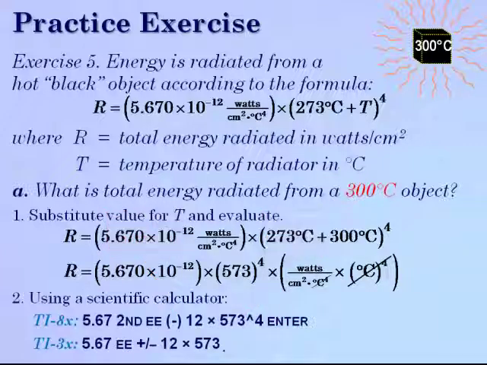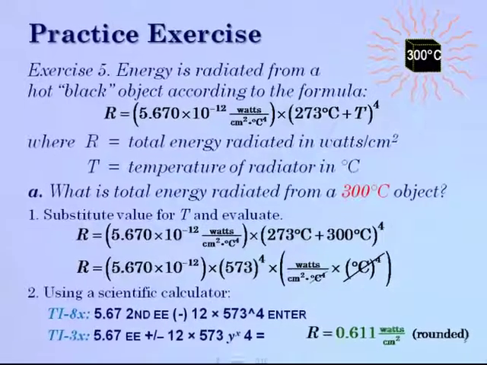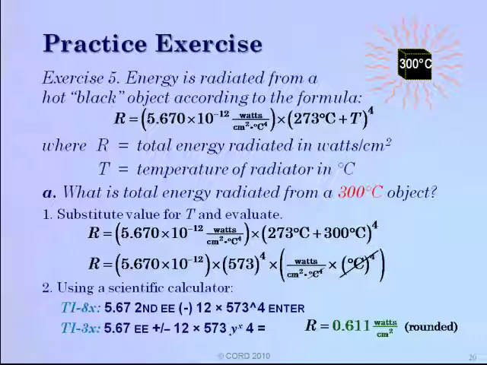For a TI-30 series, similarly, we have to do the exponent, the scientific notation, times 573 and y to the x to the fourth, and the result will be R is equal to 0.611, and we're left with just watts per square centimeter as the units.